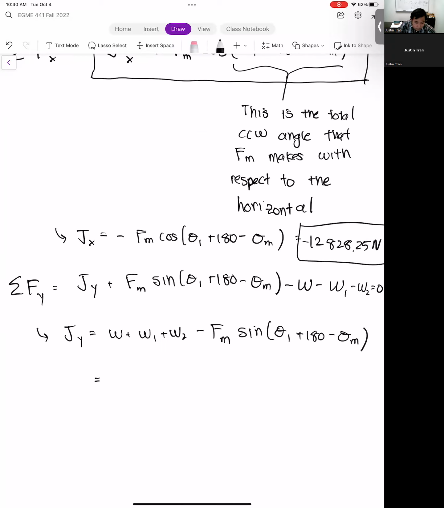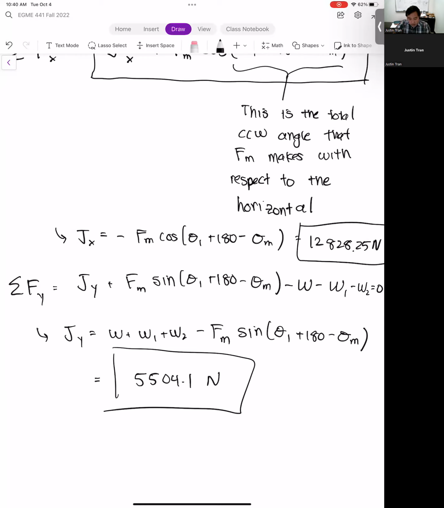That should be negative, we should get a negative 5504. Or excuse me, no, this is positive. Yeah, this is going to be positive too. Positive 5504.1 newtons.